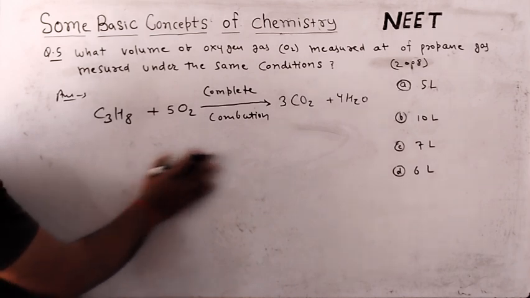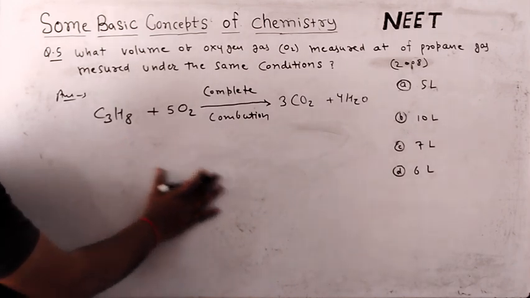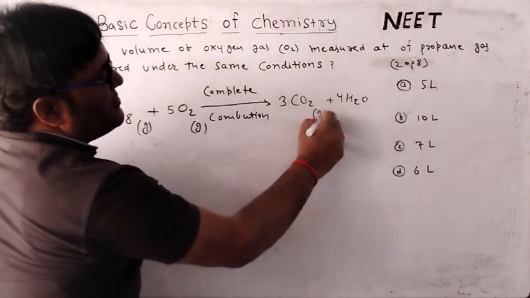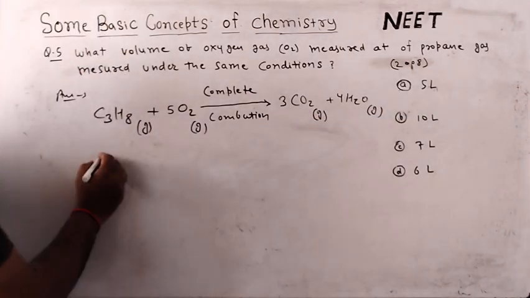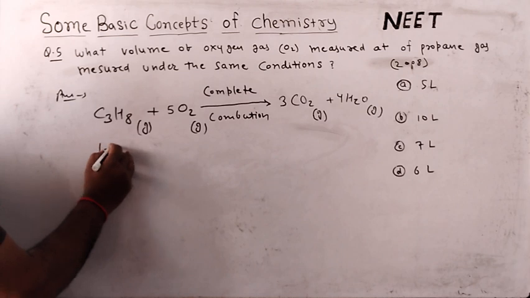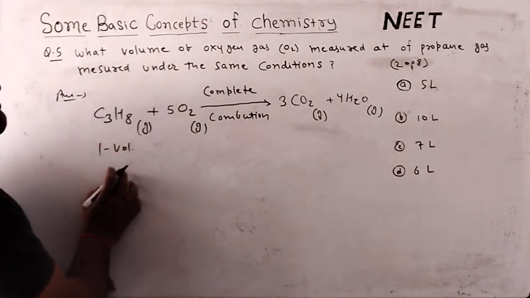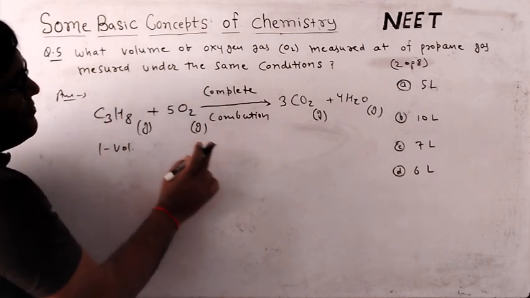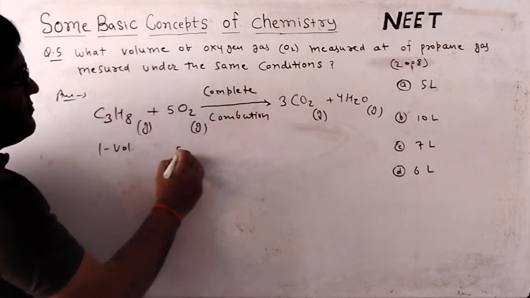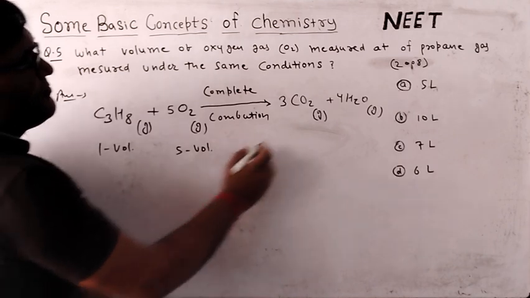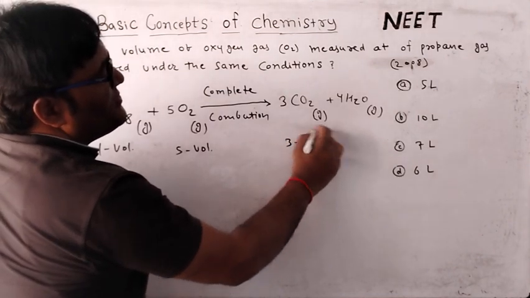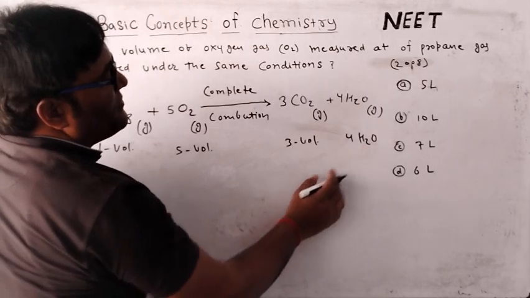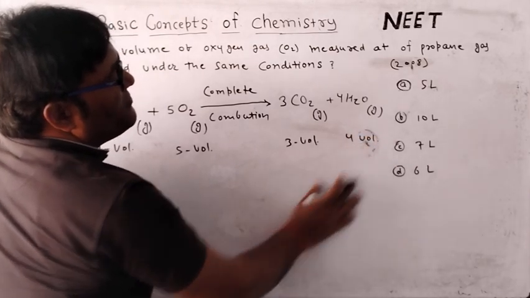Now, in these chemical reactions, this reaction is a combustion reaction. All are gases on the reactant and product side. Now 1 mole is 1 volume. Okay, this is 1 volume of propane. 1 mole of O2 is 1 volume, so 5 moles of O2 is 5 volumes of O2, 3 volumes of CO2 and 4 volumes of H2O.